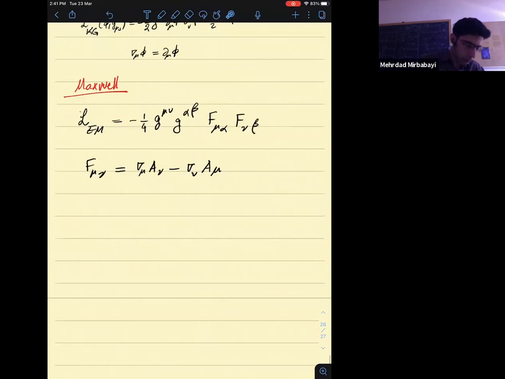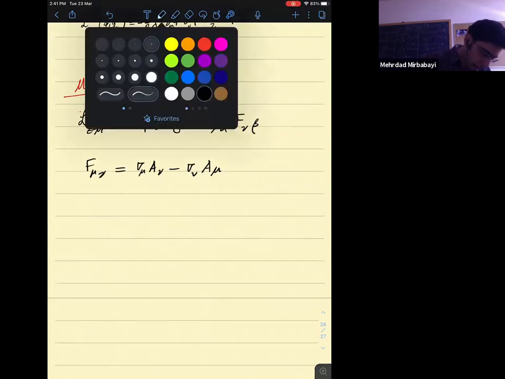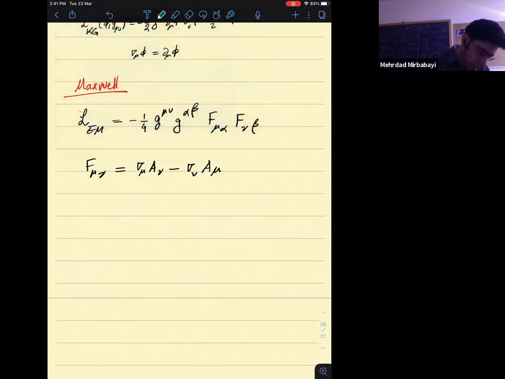Even if we don't have to work with them, it's sometimes useful to work in a general covariant formulation using a general metric instead of restricting to flat space.